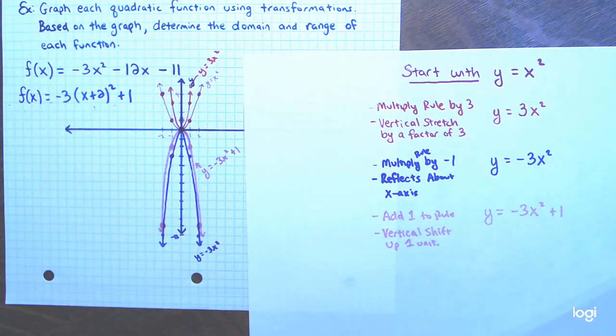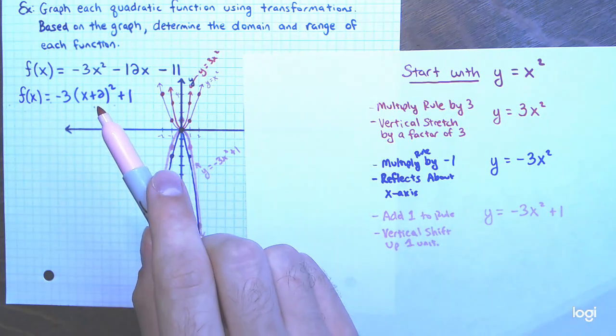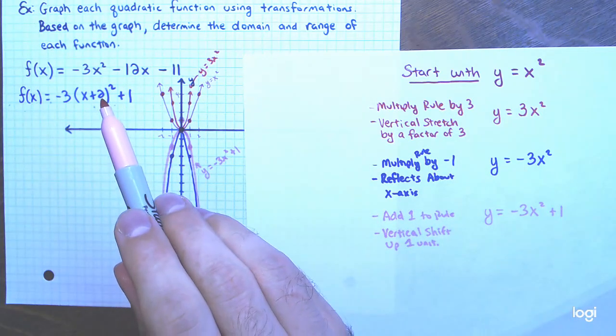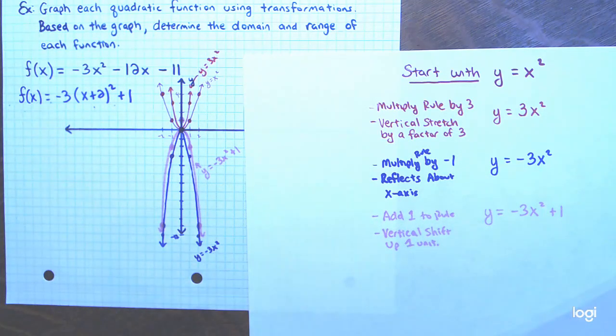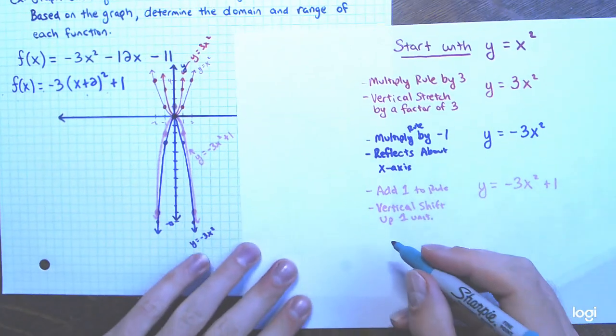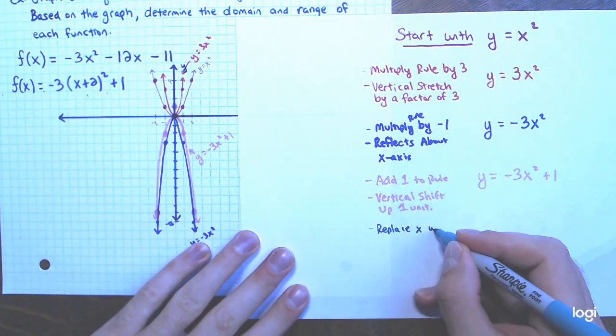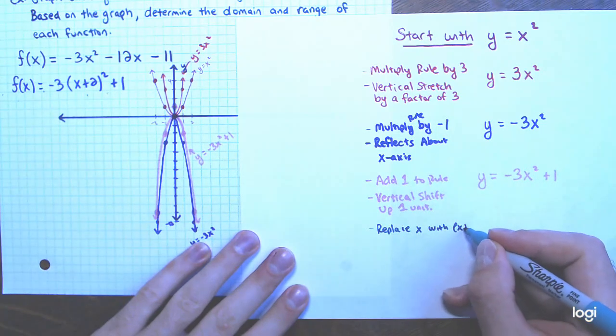Alright, and then finally, lots of stuff going on here. Look at the rule now, -3x squared +1. The only change that needs to be made is, now I'm not doing anything to the whole rule anymore. I only need to replace the x, right, inside the square. I need to replace this x with the quantity x plus 2.